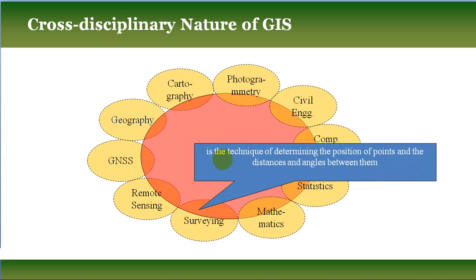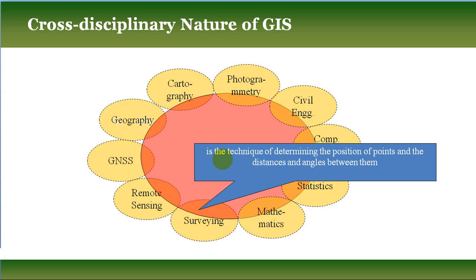Then comes surveying. It is the technique of determining the position of points and the distances and angles between them. So survey data is a very useful GIS data source.